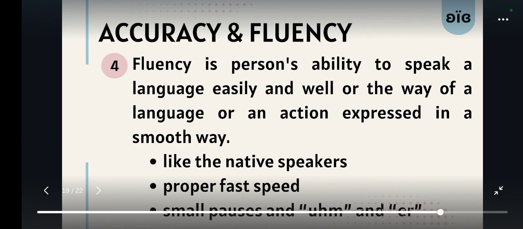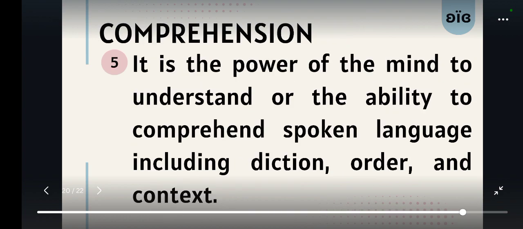So that's why it's important that if we are teaching them these skills, we are also accurate and fluent when it comes to this one. So the fifth one is the comprehension, and it is the power of the mind to understand, or the ability to comprehend spoken language, including diction, order, and context. So just similar to the other skills, which has the end goal of comprehension.